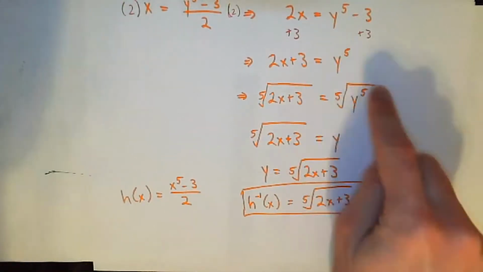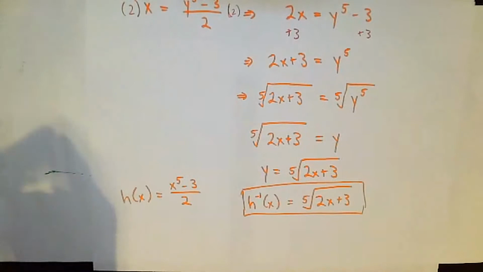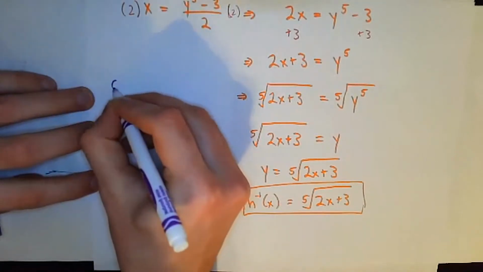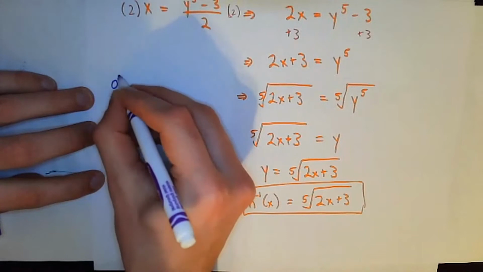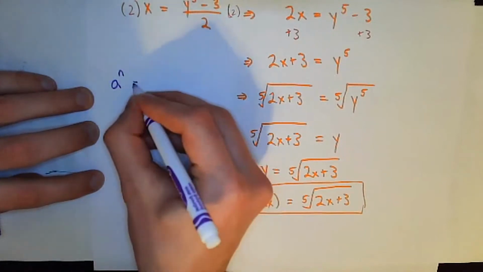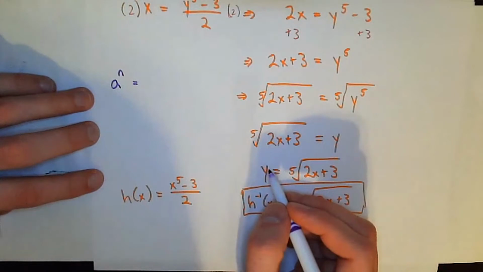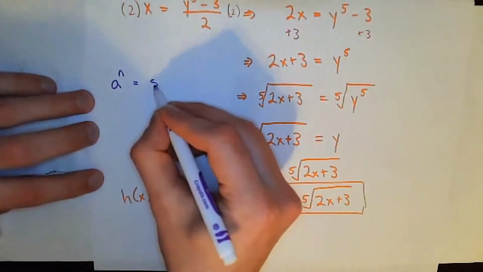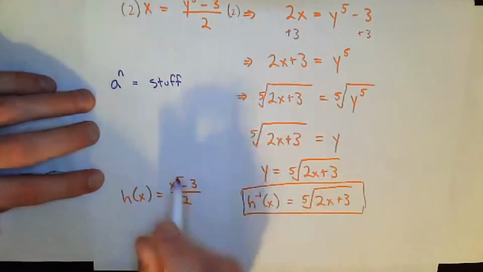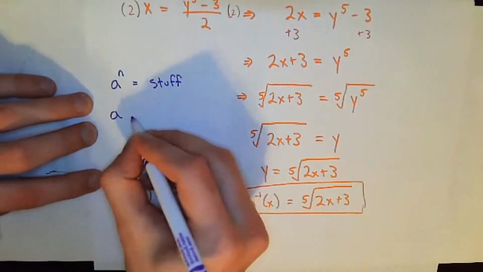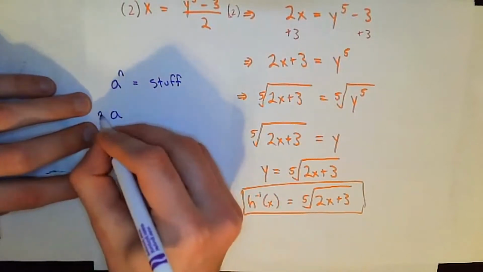Let me say one more thing about this step here, where I'm taking the fifth root on both sides. In general, if you've got some letter a raised to the nth power equal to whatever stuff over here, it doesn't matter what it is, and you want to solve for a, then you take the nth root on both sides.